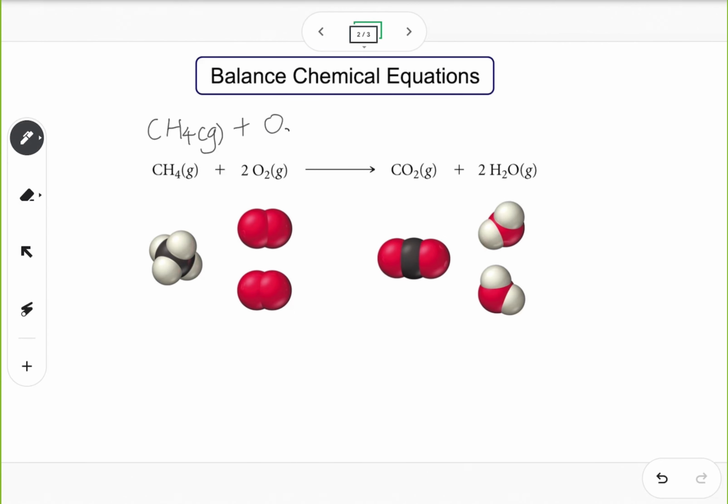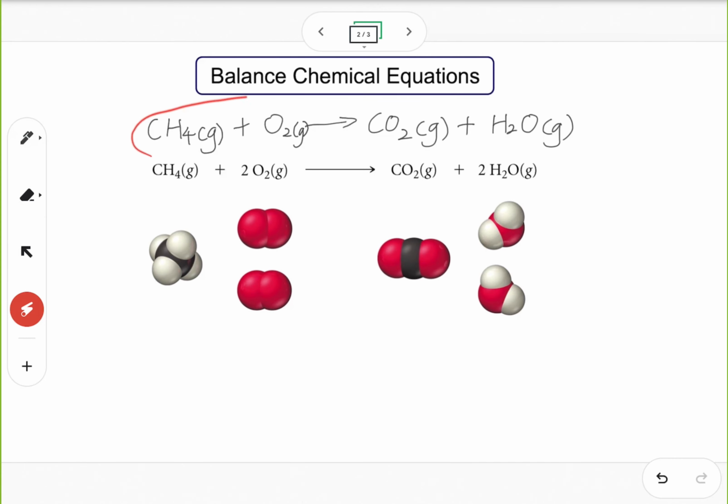plus oxygen to generate CO2, which is also a gas. I'll talk about these letters in the parentheses in a moment. Products, water. Okay, if you write this chemical reaction by using this equation, then you will realize some problems.